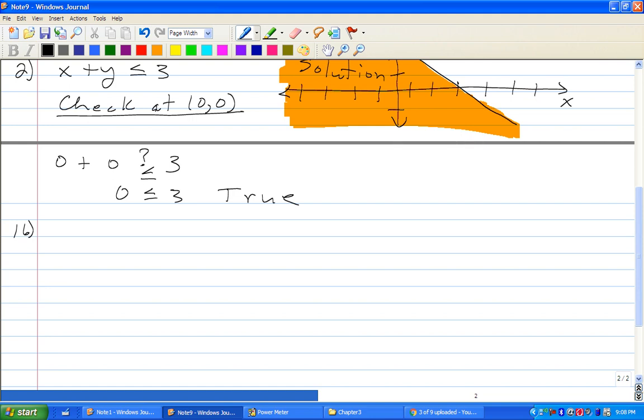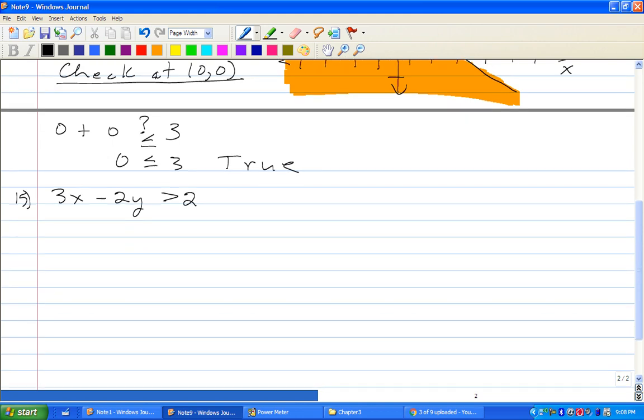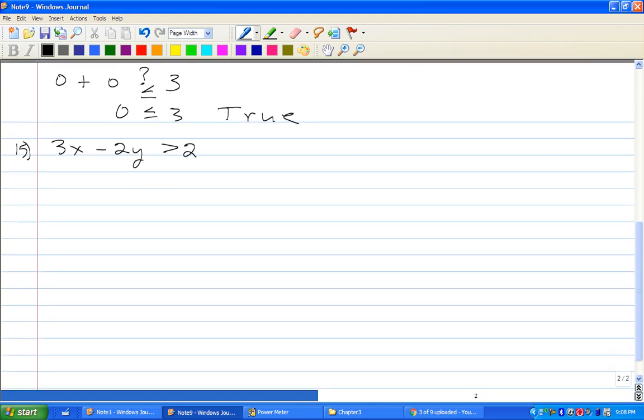Actually, let me do 15. 3x minus 2y is greater than 2. Okay, so let's do this.